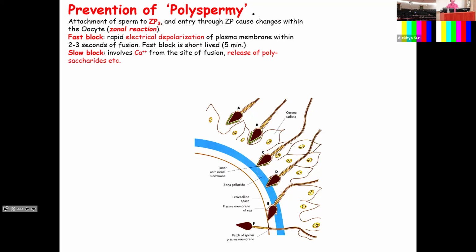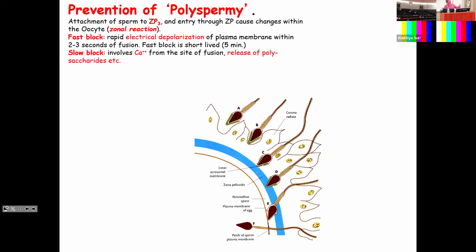One is an electrical change, and one is a chemical change. First, the electrical change that is short-lived, but it is immediate. So the sperm finds the zona pellucida, immediately the oocyte will suffer a change in the membrane, an electrical change that will prevent other sperm cells from binding and recognizing the zona.